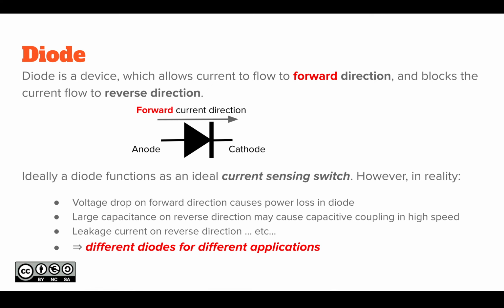Leakage current, yes. It also leaks a bit. There's a small amount of current that goes through that PN junction, and there are also some other non-idealities, which practically just means that you have different diodes for different applications, just like you have different resistors, inductors, capacitors for different applications.